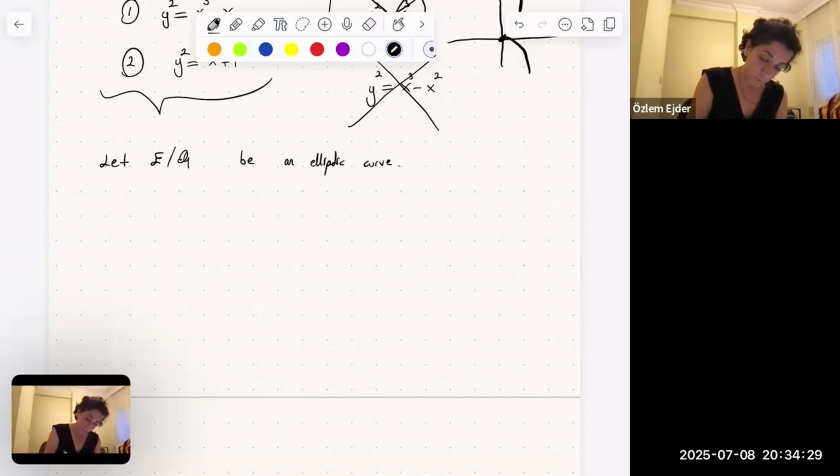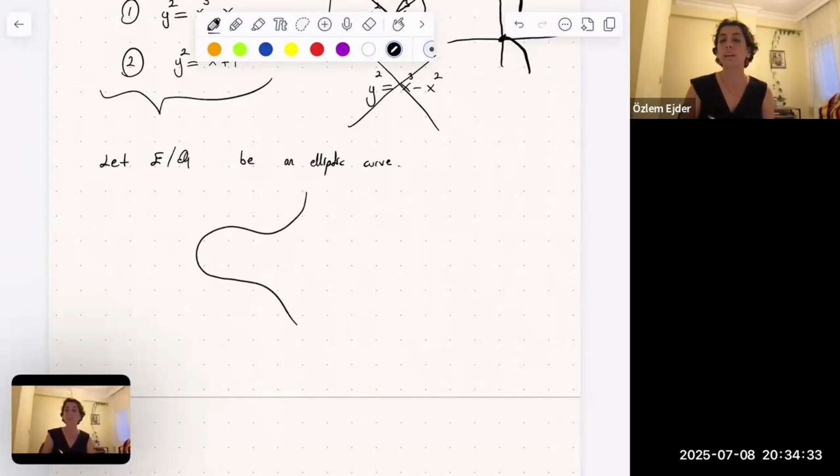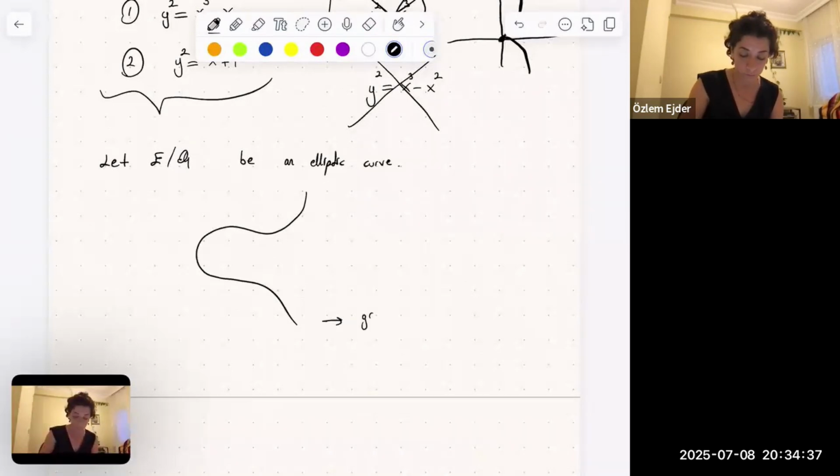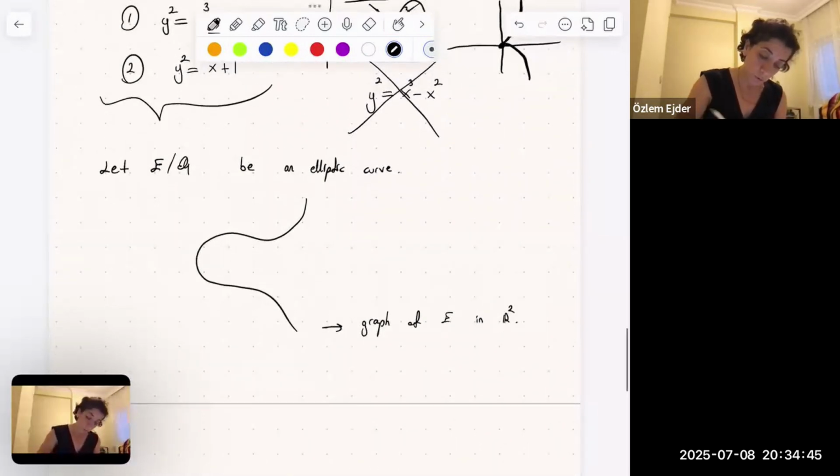So then we have some sort of graph. This is a cubic polynomial, and it will just give you a graph like this. This is a graph, of course, in R2. And here, let's say that I have a point P in here, and I draw an arbitrary line.